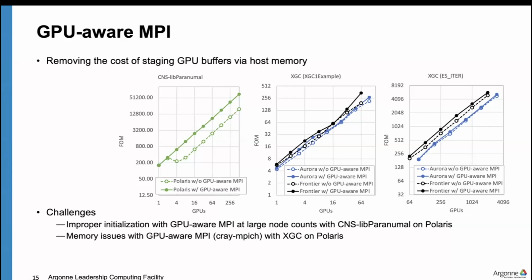And we also saw some memory issues with XGC on Polaris and some memory leak on Aurora. I think those issues are resolved now, but what I want to say is that this may have some bugs with some SDK updates. You need to be aware of it.